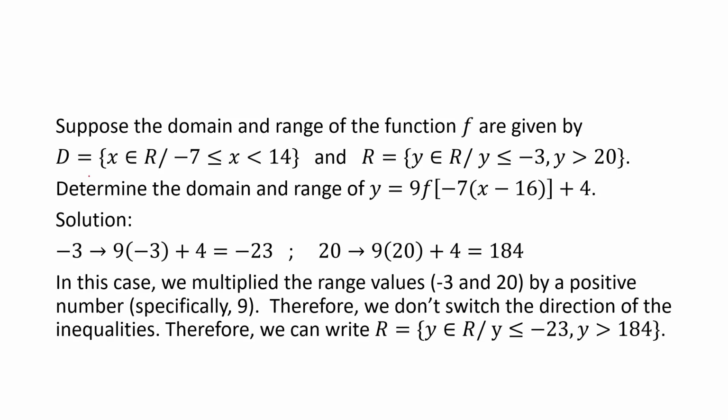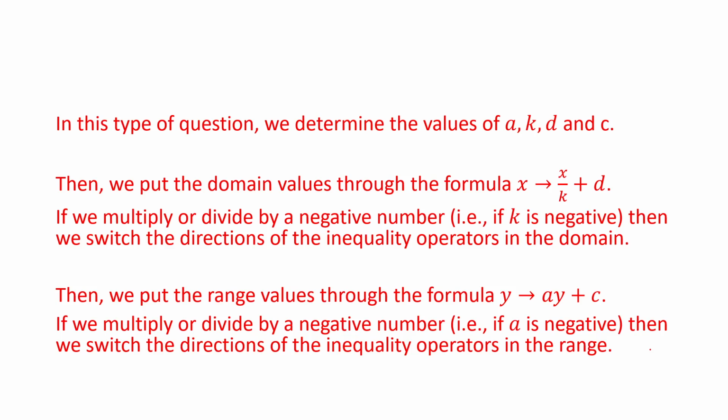Now, since we were only multiplying by 9, that means we did not have to change the direction of the inequalities, and so we can simply sub -23 in for -3 and 184 in for 20. And when we do that, it gives us our transformed range.